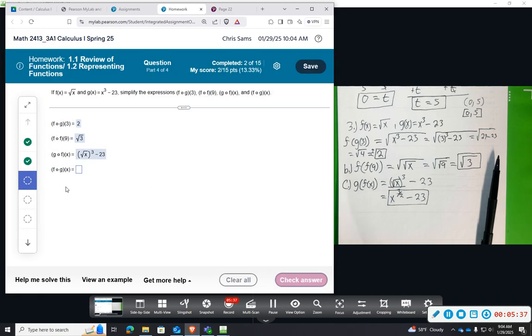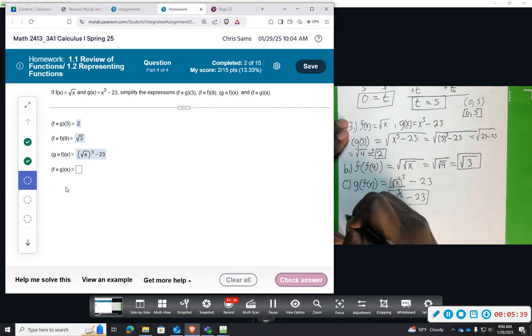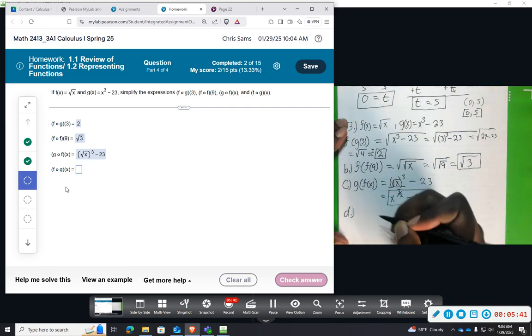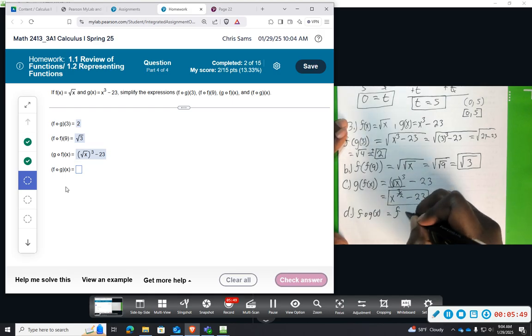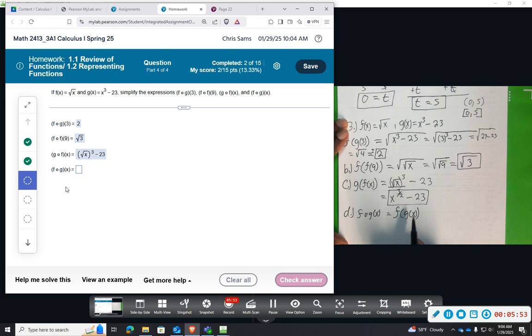All right, and then the last part, D, kind of brings us back to where we started. We're doing f of g of x, and instead of writing it like that, I should have written f of g of x. Okay, so this is kind of what we did at the very beginning, but we plugged in a 3. So when I first did step 1, this is the same exact thing we're getting.